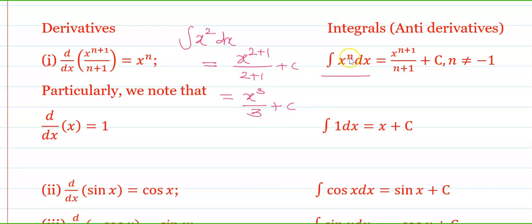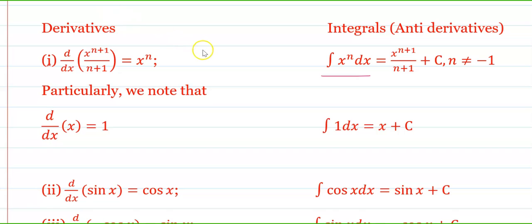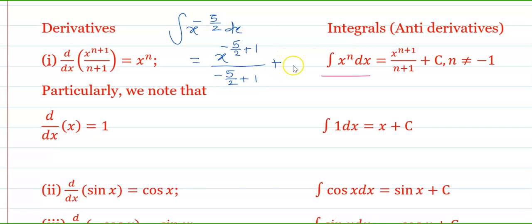Whatever the number is here, you add 1 and divide by that number, then you will get the integral of that function. Again, the next example, if there is a fraction: the integral of x raised to minus 5 by 2 into dx. Its integral is x raised to minus 5 by 2 plus 1 upon minus 5 by 2 plus 1 plus c.